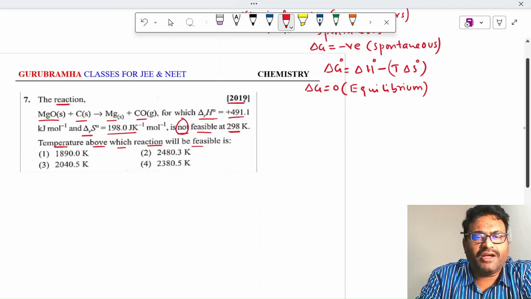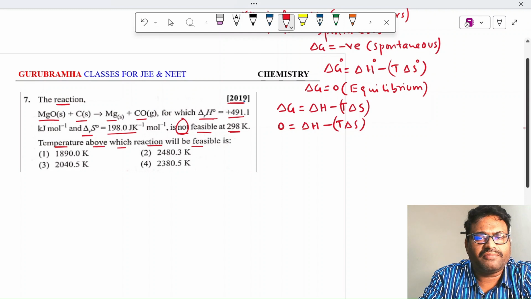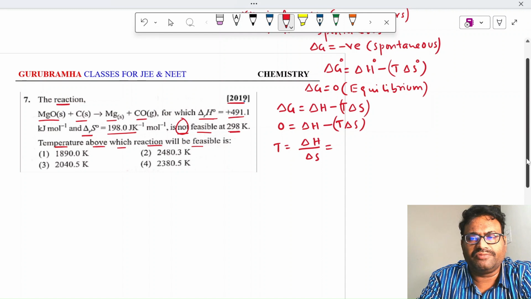From the expression delta G is equal to delta H minus T delta S, delta G is 0 at equilibrium. So 0 is equal to delta H minus T delta S. Now I can write T is equal to delta H by delta S.